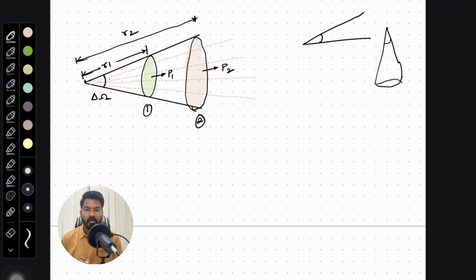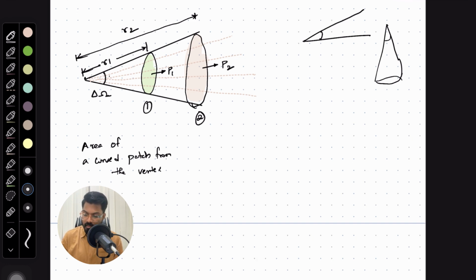Now if we have solid angle, it is the area of a curved patch from the vertex. I'm referring to this green and brown areas. So that can be given by simply squaring the distance of the curved patch, multiplying it by solid angle.